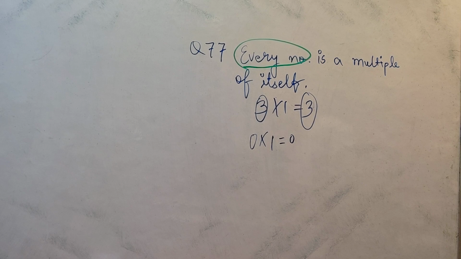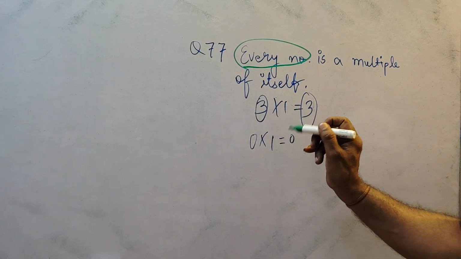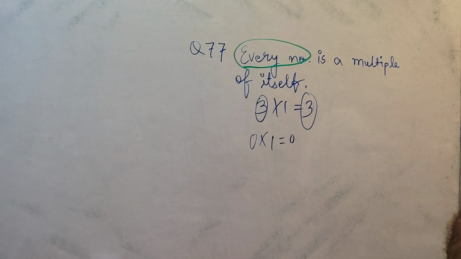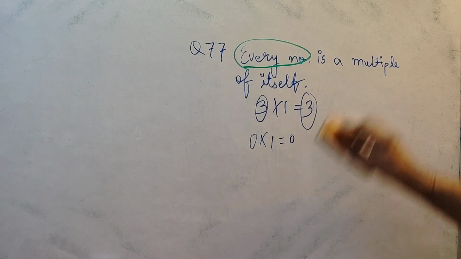Yes, we can say that when we multiply by 1, it gives the same number. So every number is a multiple of itself.